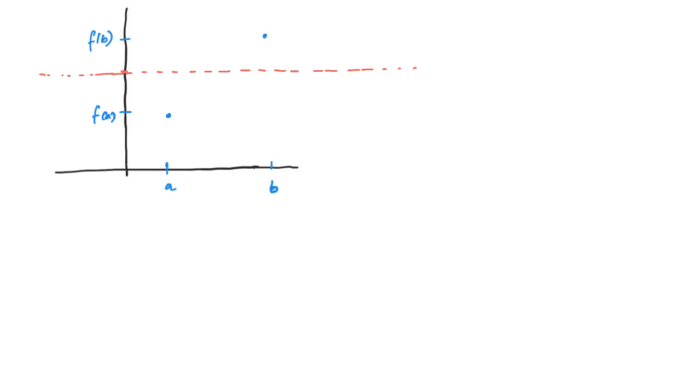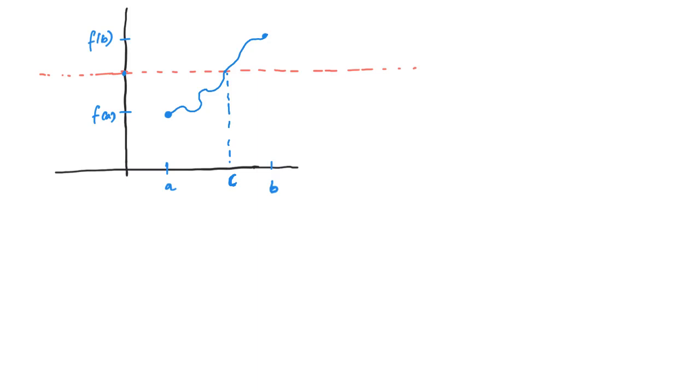Now if you want to go from A comma f of A to B comma f of B, then we intuitively feel that if we draw a path from A comma f of A to B comma f of B without lifting the pen, then it has to intersect the red line at some point or the other. That means whatever value you take between f of A and f of B, there exists some point C such that f of C is that value.